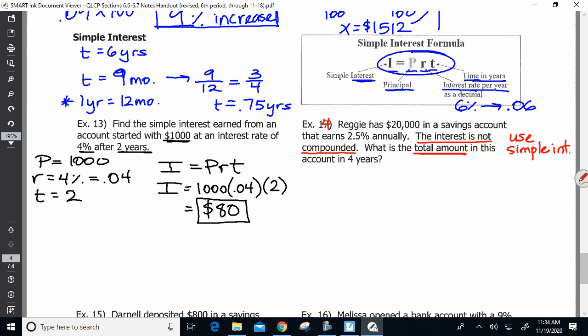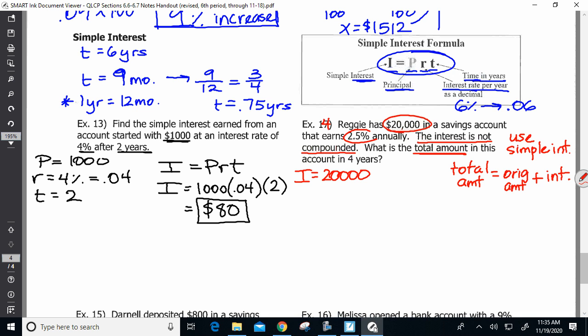So total amount is equal to your original amount plus your interest. Your original amount plus your interest. So let's start solving the problem. Reggie has $20,000 in the account, so P is equal to 20,000.